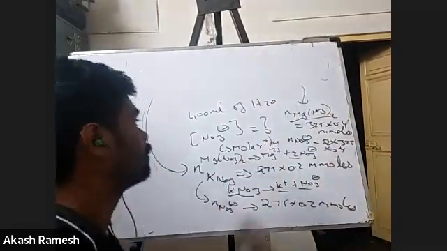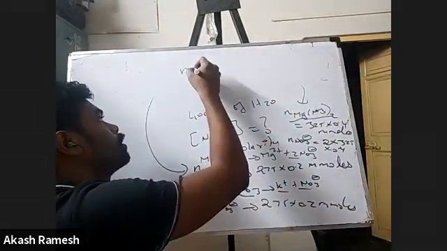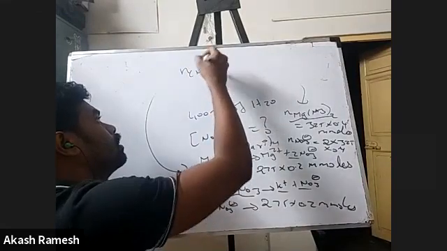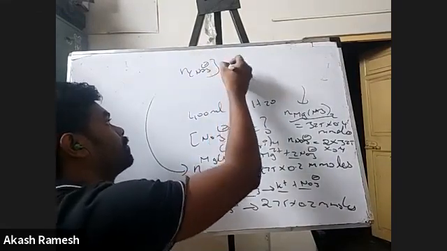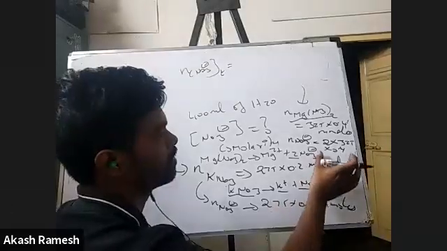So now the total number of moles, NT, will be this value plus this value.